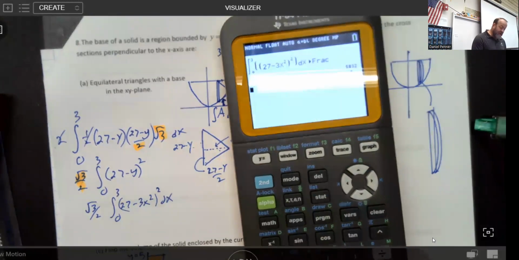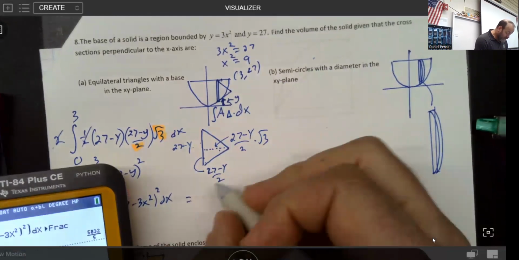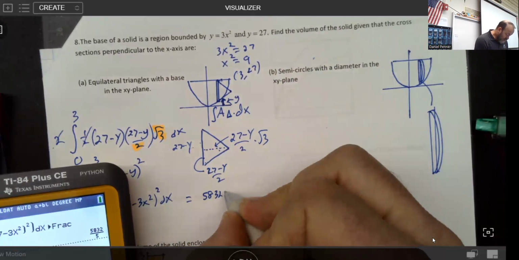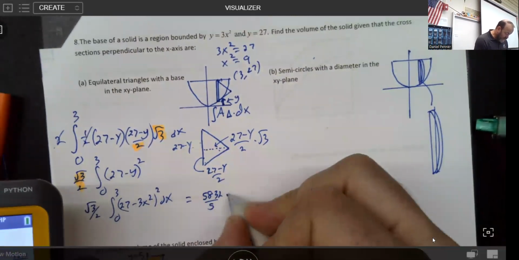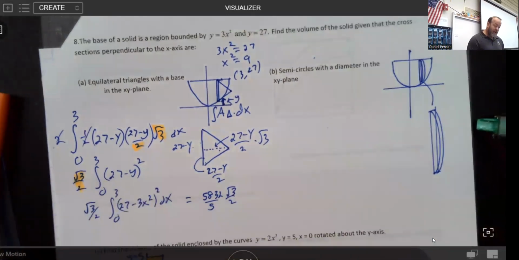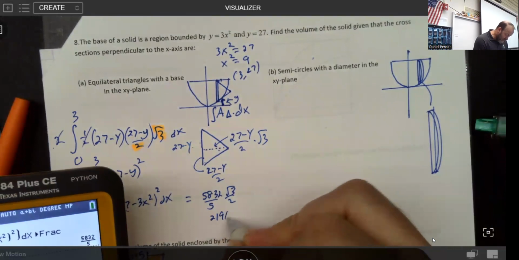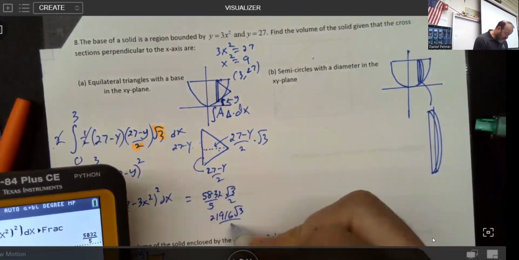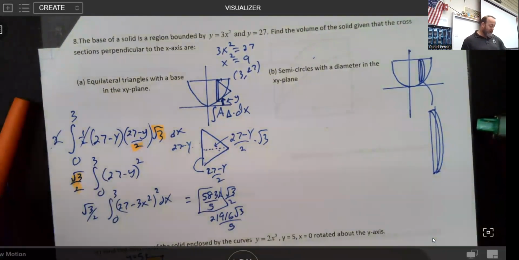So I've got 58/32 over 5. But then I need to multiply that by root 3 over 2. And so I get 29/16, because those are both divisible by 2, root 3 over 5. So keep that little pocket right there in your head, because that's going to be useful for our next one.